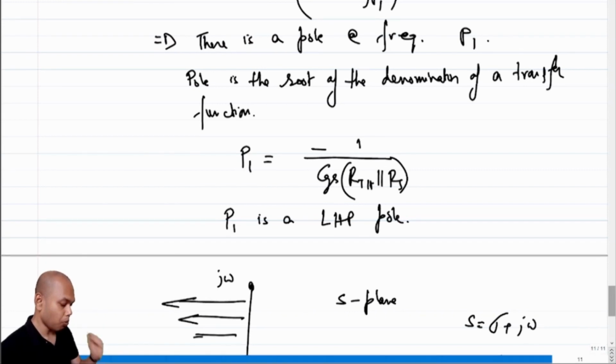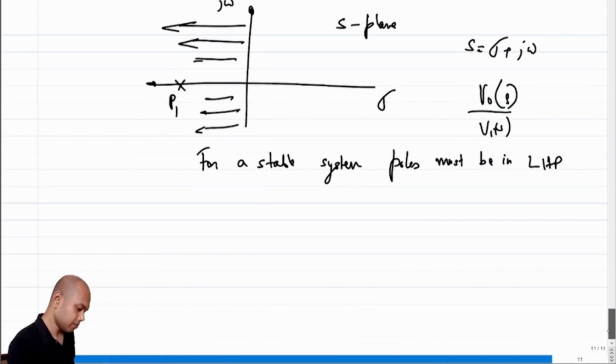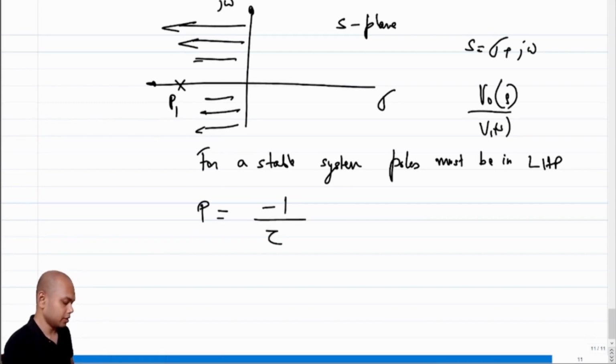The second observation is P is equal to minus 1 over the time constant associated with that, right? So your P1 was minus 1 over tau gs.